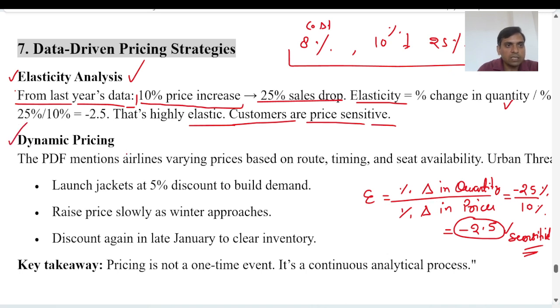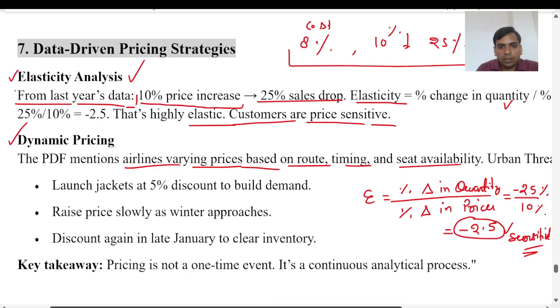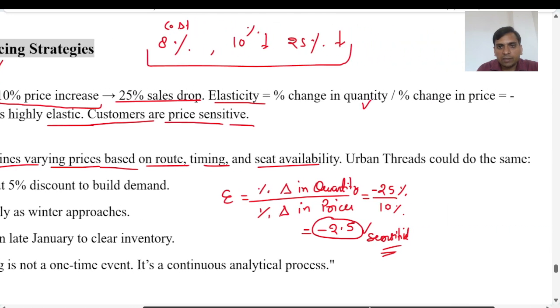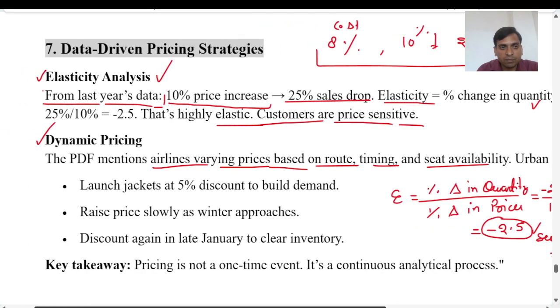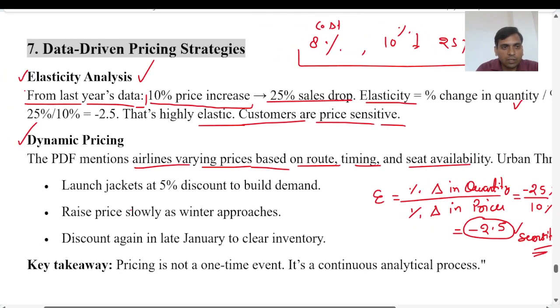Now the second model is dynamic pricing. In dynamic pricing, airlines vary prices based on route, timings, and seat availability. Now Urban Thread could do the same. What are the options for Urban Thread, the case we discussed at the start of this session?